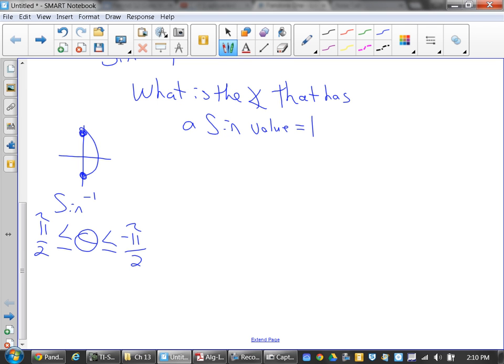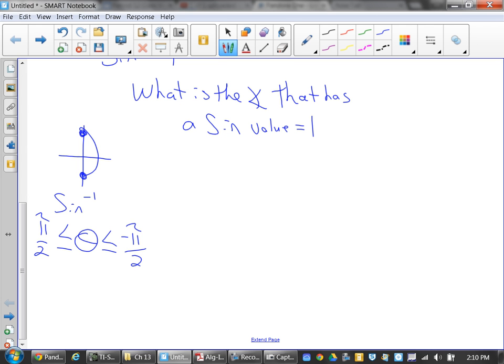It doesn't waver from that. So when you're trying to find what angle has a sine value of 1, you're going to find it between 90 degrees and negative 90 degrees. That's your only possible angle values. You're not looking anywhere else.